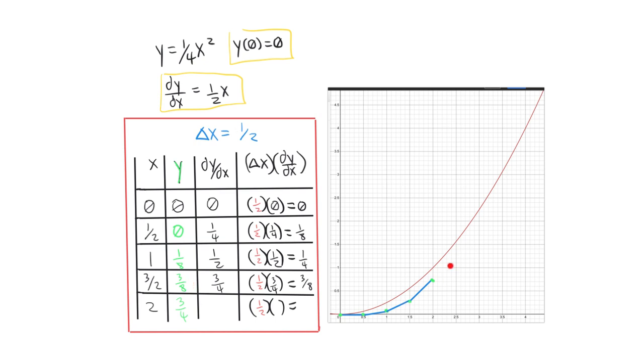Okay, so we have one more. This is going to be smaller approximation graph, and that's fine. So we have 2 comma 3/4 is this point right here. And dy over dx is 1/2 of x, so in this case it's going to be 1, which means I multiply 1/2 times 1 over here, which is going to be 1/2. So that is a scaled slope of 1/2 as it pertains to this particular graph. So that's the same as saying for every half unit over we go, we're actually going 1/2 unit up, right?